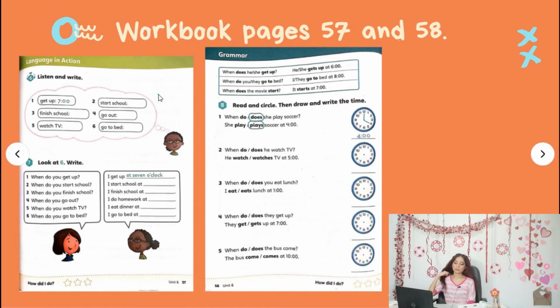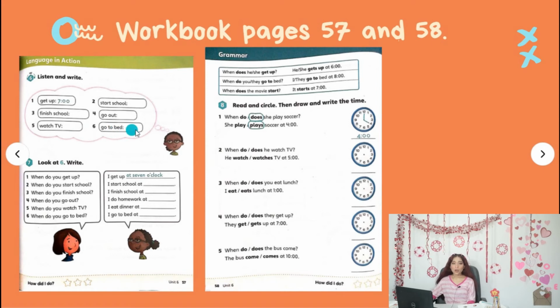And when do you finish school? I finish school at 3 o'clock. 3 o'clock. And then I go out and play with my friends. Oh, and what time do you go out? I go out at 4 o'clock. 4 o'clock. Do you watch TV? Oh, yes! I watch TV at 5 o'clock. 5 o'clock. When do you go to bed? I go to bed at 8 o'clock.